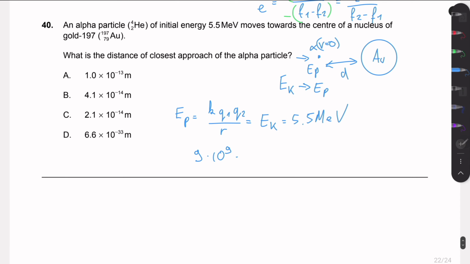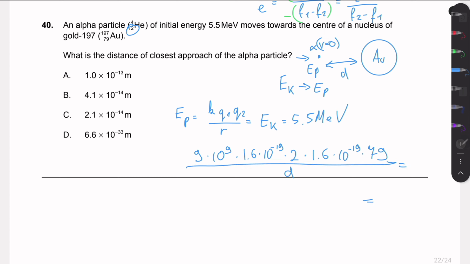Q1, well, the charge of an alpha particle is 1.6 times 10 to the minus 19. But since we have 2 protons, we need to multiply this by 2. And then similarly with the gold nucleus, 1.6 times 10 to the minus 19 times 79, as we have 79 protons. This is all divided by the distance, and this is equal to the energy.